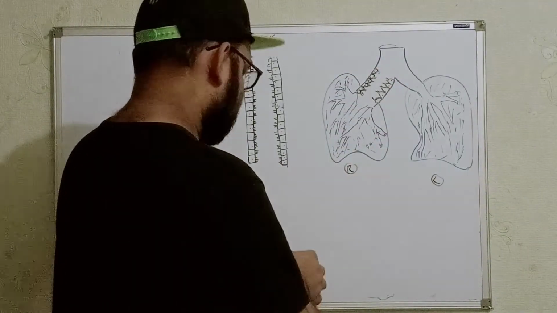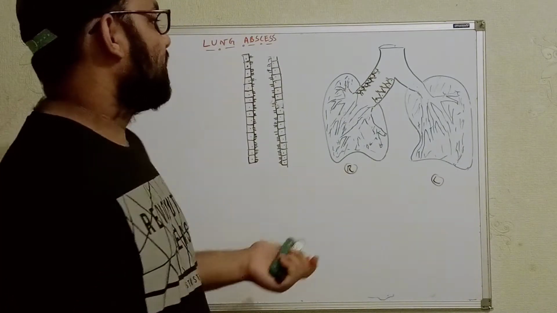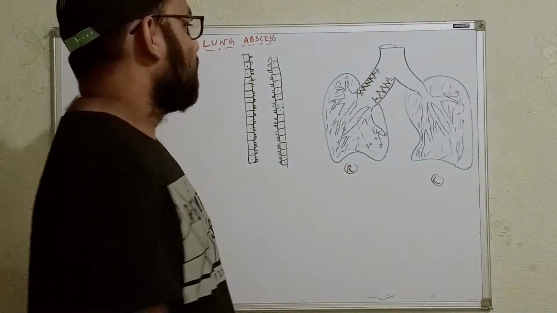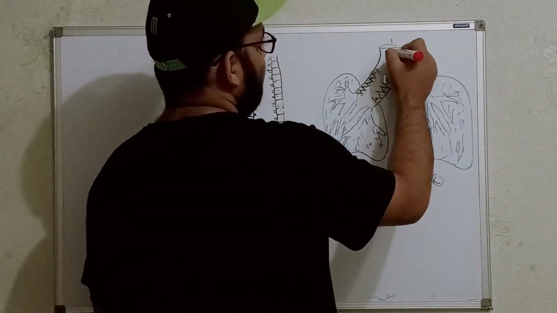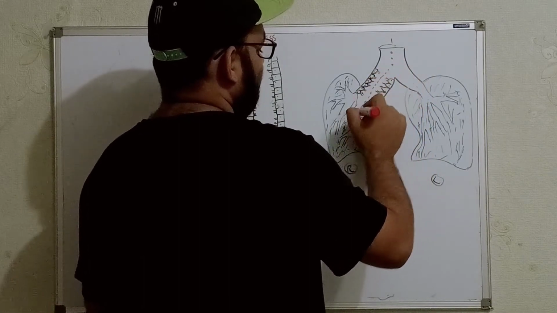So for whatever reason, if we get any kind of foreign body aspiration, any foreign bodies coming into the lungs, there are more chances for them to go into the right lung.